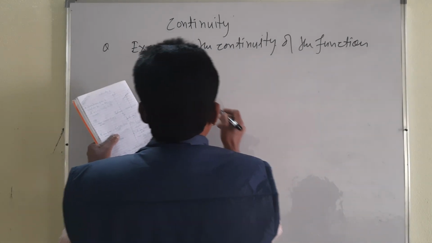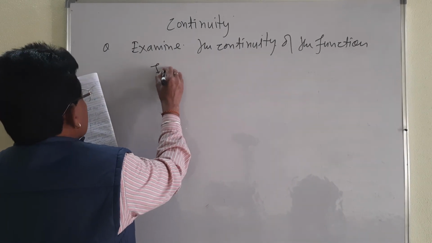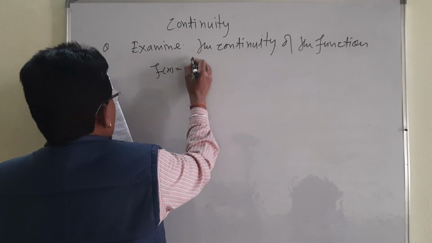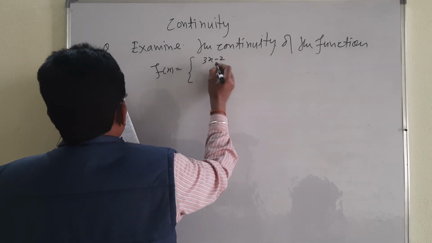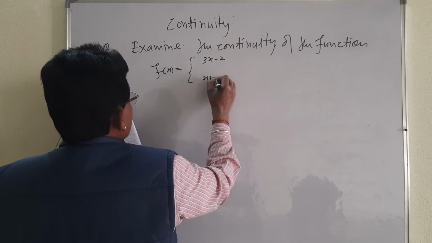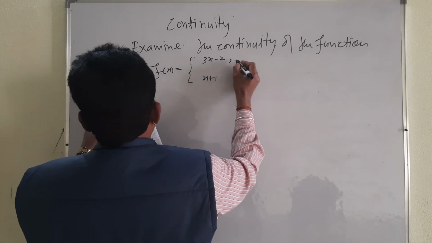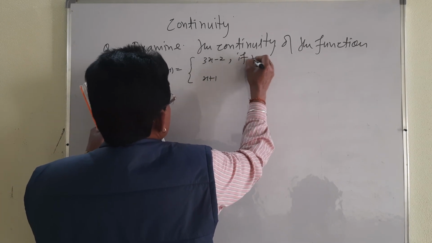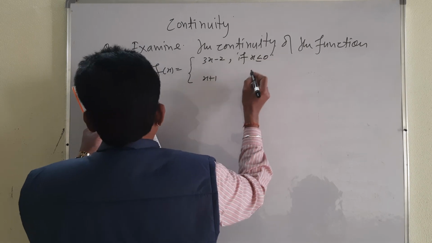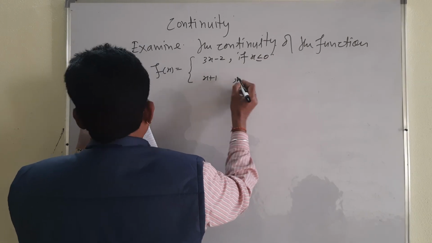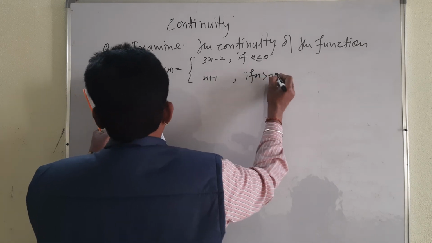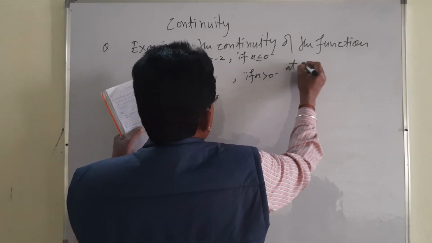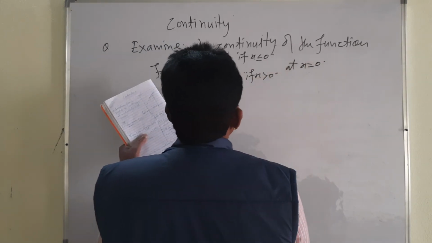Function I am going to write over here. f(x) will be equal to, my dear student, you must concentrate properly, 3x minus 2 if x is less than or equal to 0, and x plus 1 if x is greater than 0.